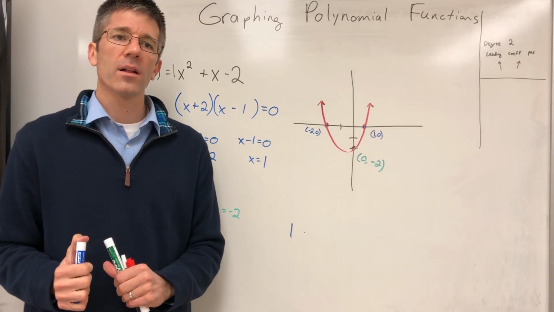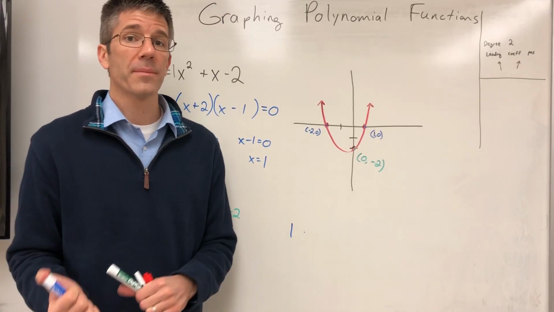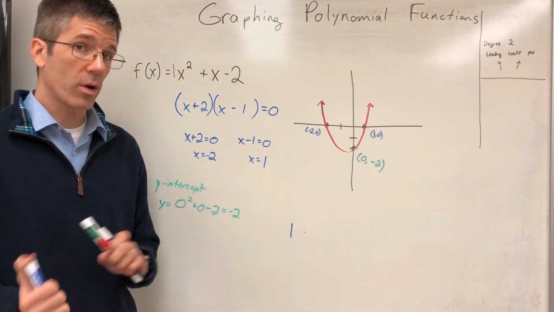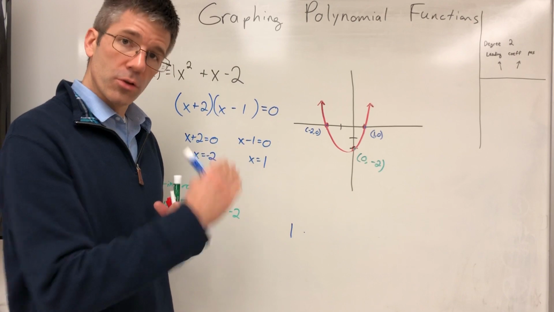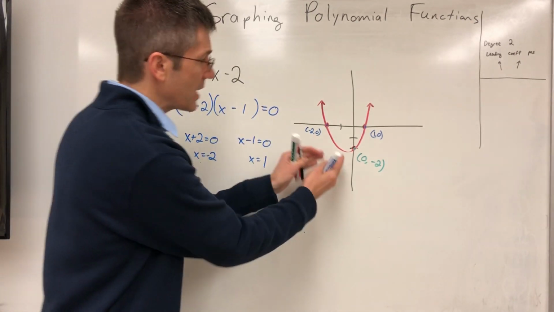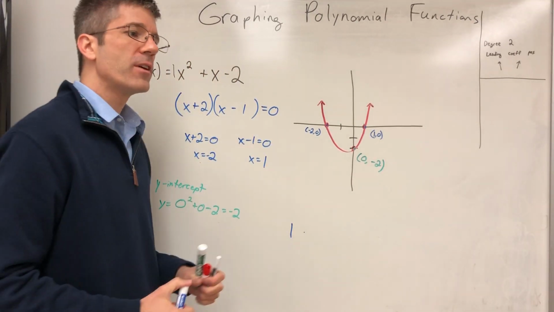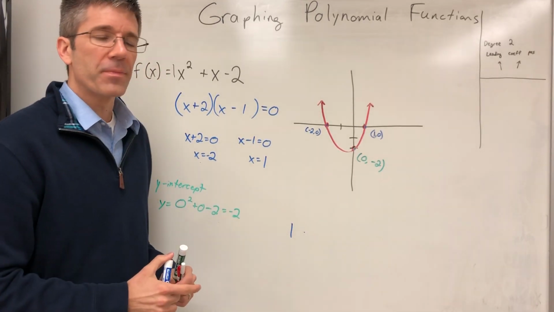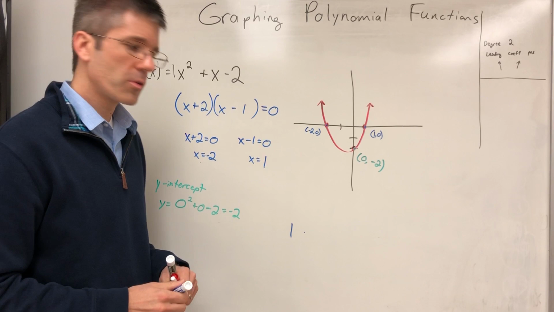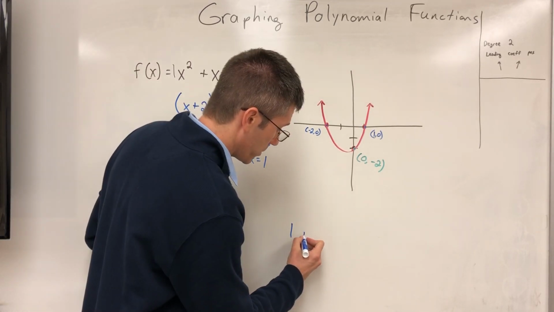This is going to be called a relative minimum or an absolute minimum. Either word works in this situation. It is the absolute minimum because it is the lowest point on the graph. If it's one of the low points on the graph, like if it's in the bottom of a valley, then it's a relative minimum. So I'm going to say that I have one minimum.